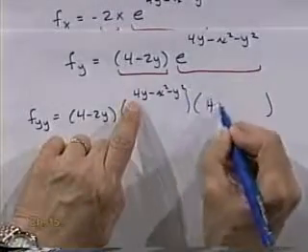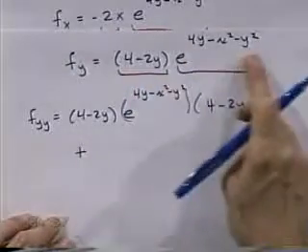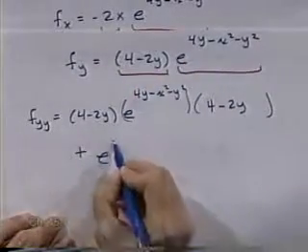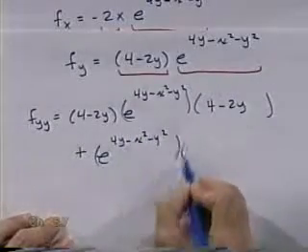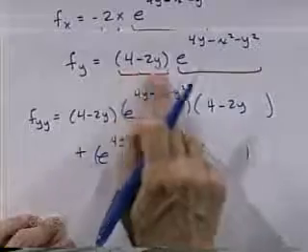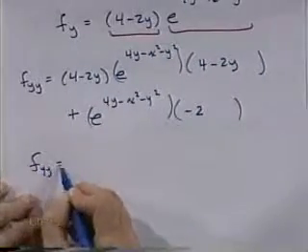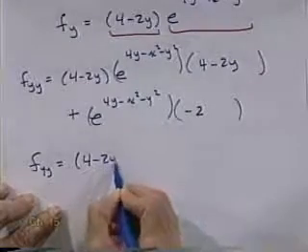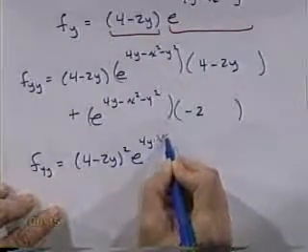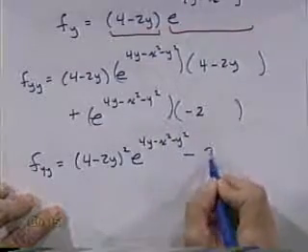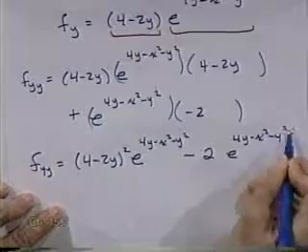So we're going to get, again, 4 minus 2y, plus the first times the derivative of the second, plus the second times the derivative of the first. The derivative of that with respect to y is a negative 2. So I have f_yy is equal to (4 minus 2y) squared e to the (4y minus x squared minus y squared) minus 2 e to the (4y minus x squared minus y squared).